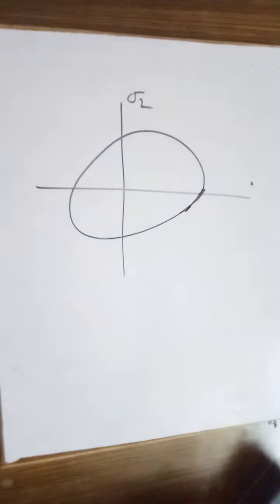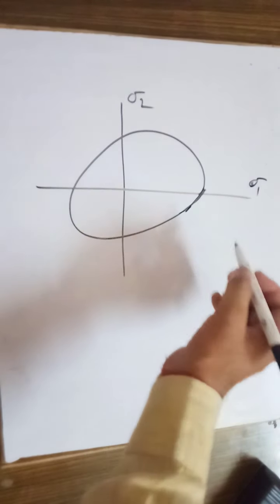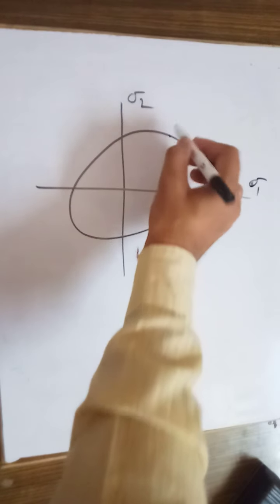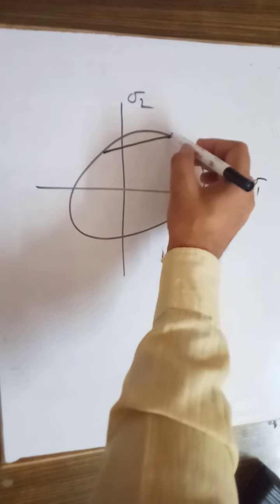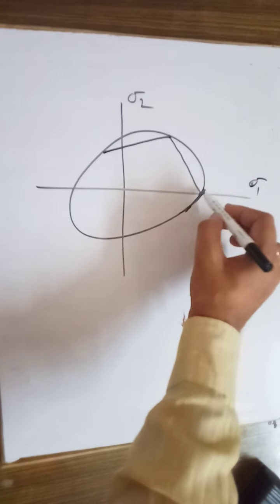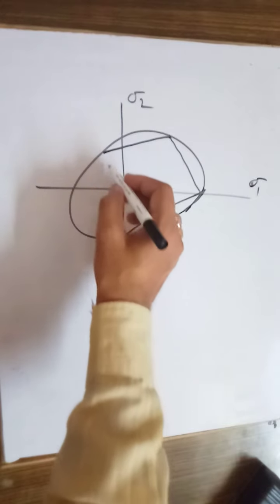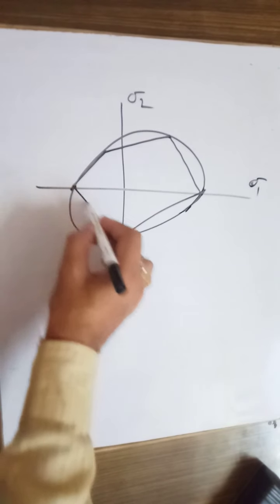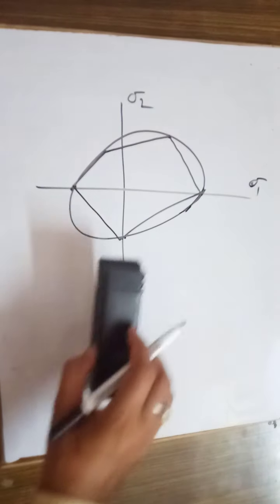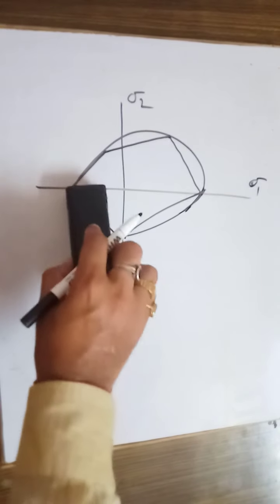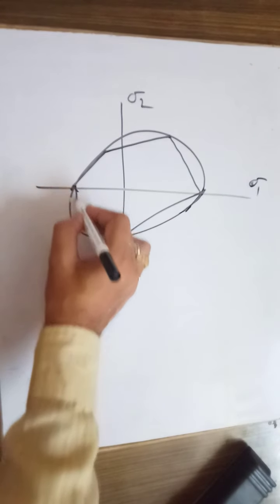Okay, and for that, if this was the point, we need to draw the hexagon. It's a pentagon, I think. It's not a hexagon. So here we need to make some correction. So here it will be like this.